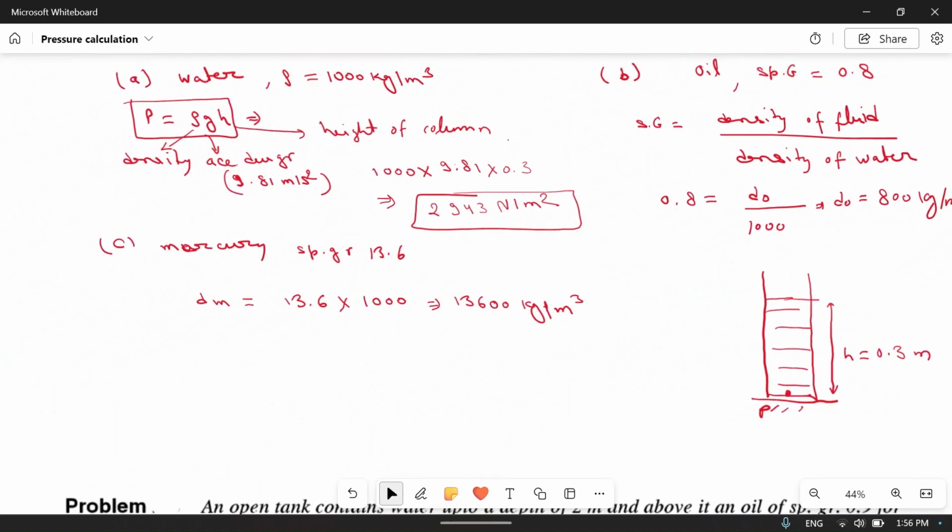Now for the third case, in case of mercury, P will be rho g h, which is 13,600, the density of mercury, into g, 9.81 for all the cases, and h is 0.3. If you multiply, you will get 40025 Newton per meter square.